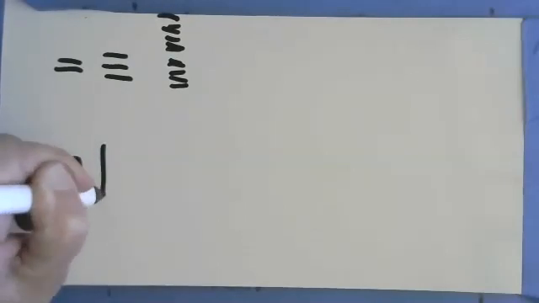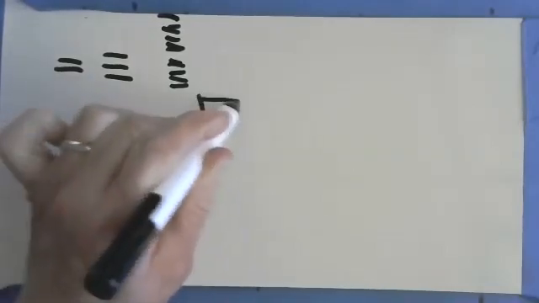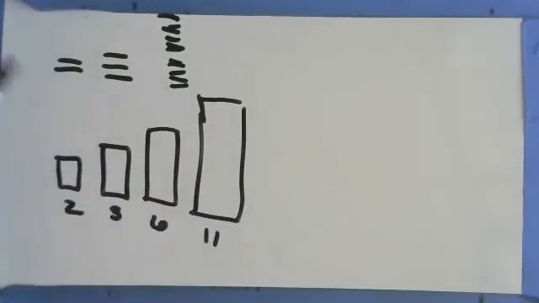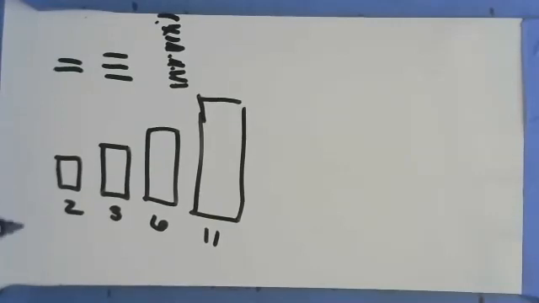So here's where I would tend to draw them as strips, not worrying about drawing them to scale, but showing the relationship of 11 is bigger than 6 is bigger than 3 is bigger than 2. They don't have to be drawn to scale. They don't have to be showing each individual cup. You do want to associate the numbers with the strips so that anybody looking at them can recognize what's going on.